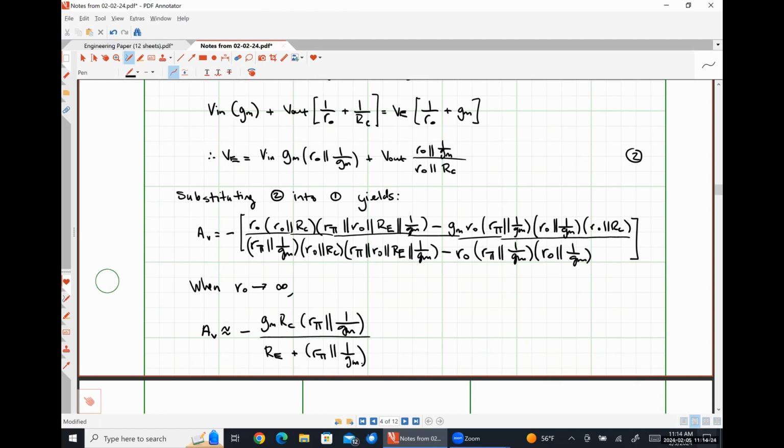If we want the largest gain possible, emitter degeneration is bad. If, however, we want to make sure that our amplifier has a wider linear range of input voltages that it can amplify without having any distortion occur, degeneration is a good thing, okay?